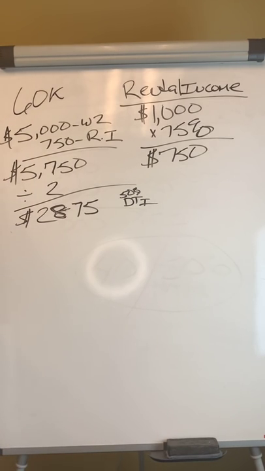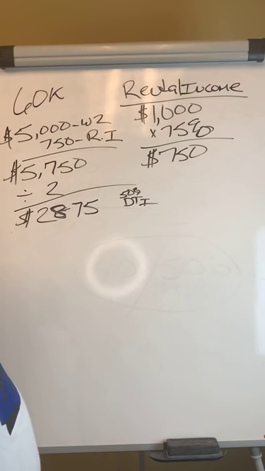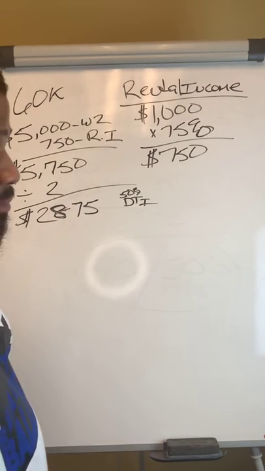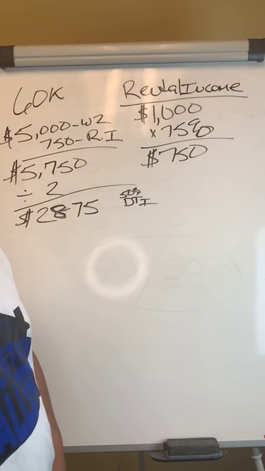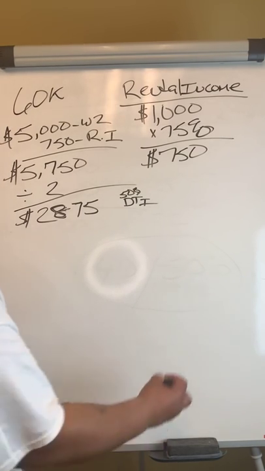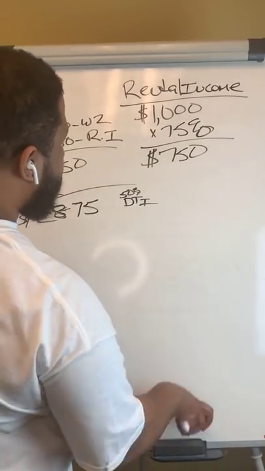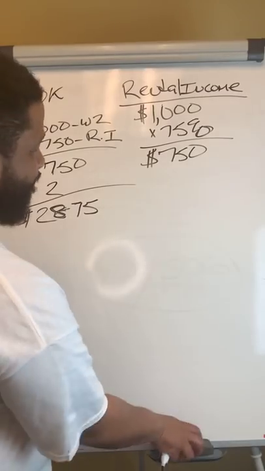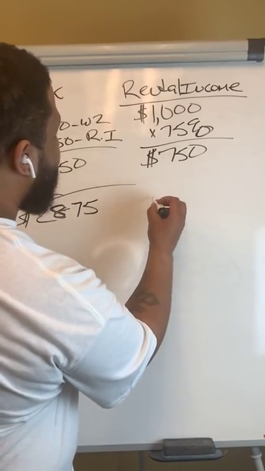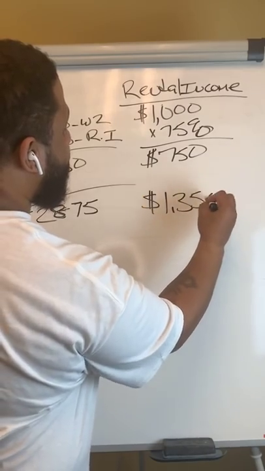So let's use a more realistic number right now. Let's just say you got a nice little 5 Series Beamer, you got a little student loan, you got some credit cards. Let's say your monthly bills come up to, this is kind of a number I see, $1,350 a month.